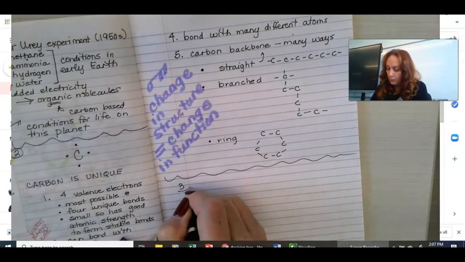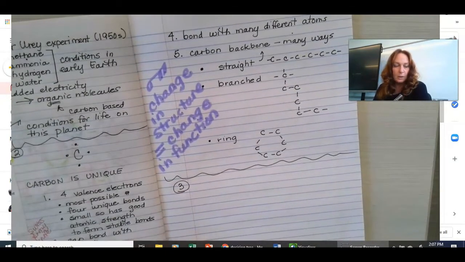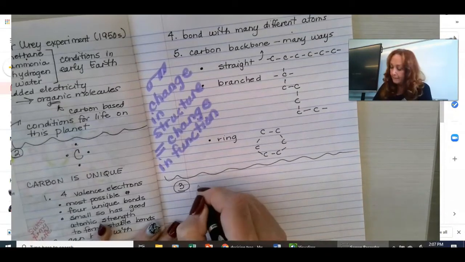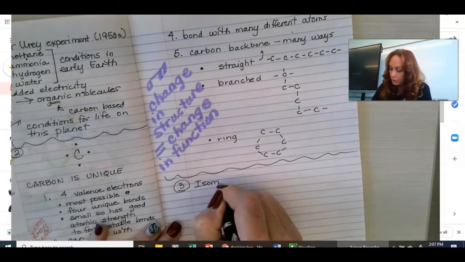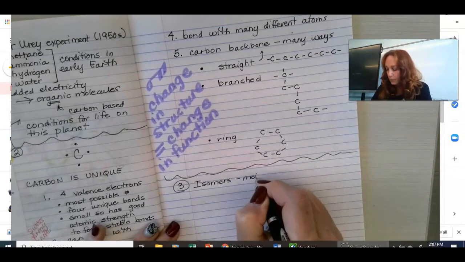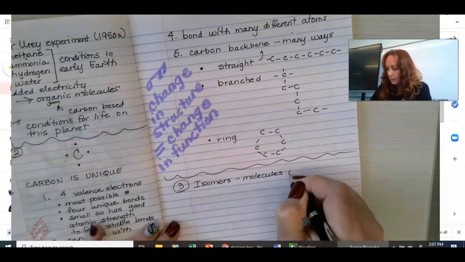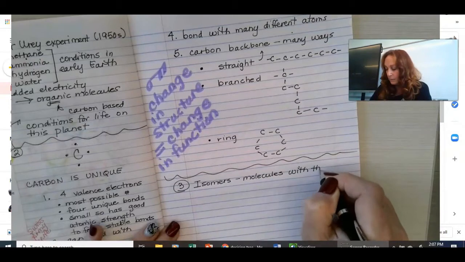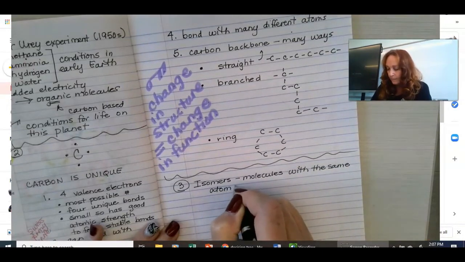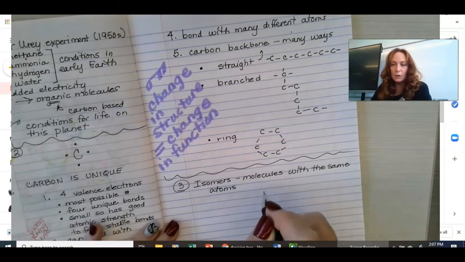So I'm going to come over here. This is part 3, and we need to know what an isomer is. It's the same parts rearranged differently. So let's see how we can say that. Isomers are molecules with the same atoms and the same number, the same parts and pieces, but they're rearranged differently.